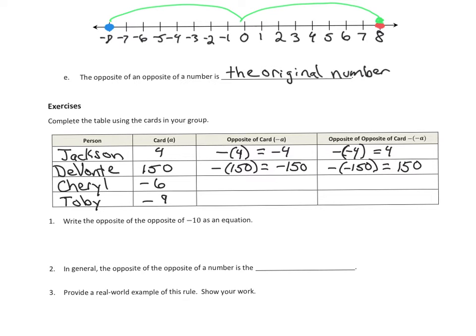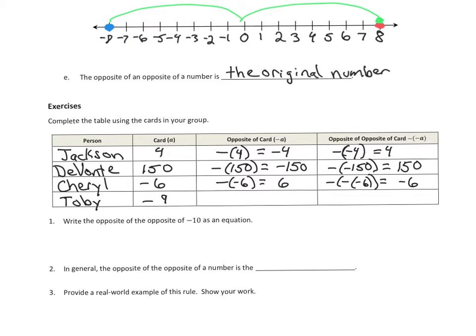This is where it gets wonky when we start talking about negative. So if we say the opposite of, and we put the original number inside the parentheses, negative 6, you know that the opposite of negative 6 is positive 6. And now if we say the opposite of the opposite of negative 6, that equals negative 6, which is the original negative 6, sorry. Okay?